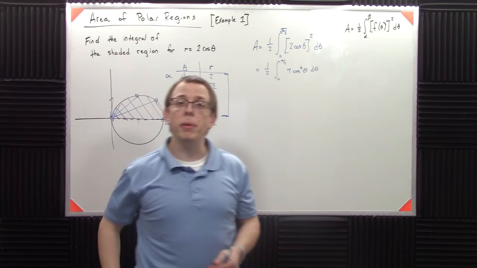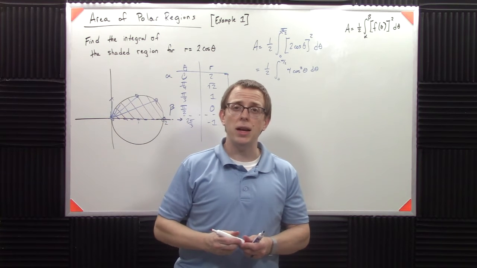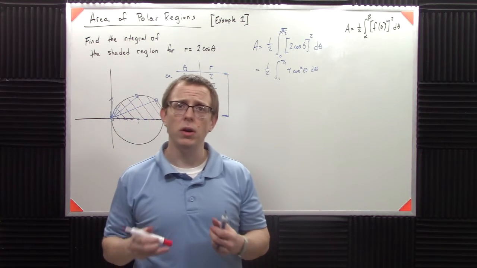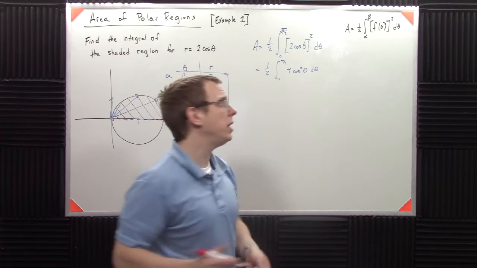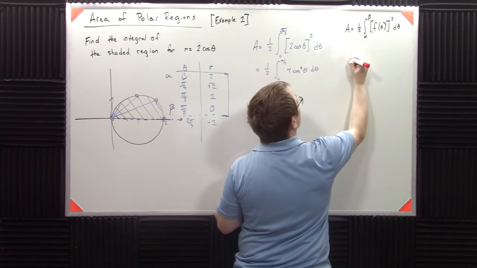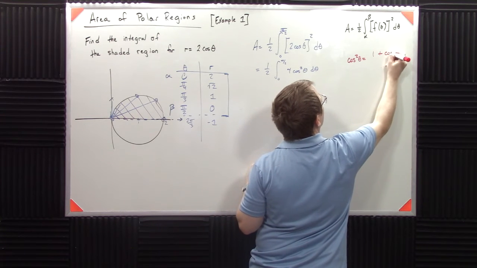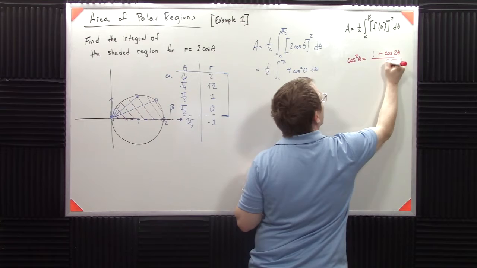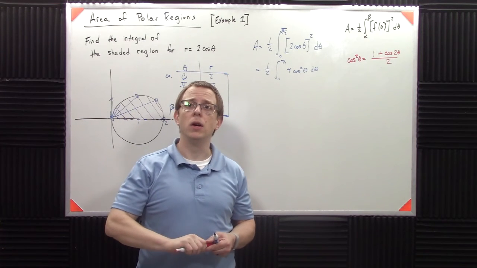What you may remember from some of the previous sections is that when we had to integrate something like cosine squared of theta, we would have to use an angle transform, or one of the identities. Remember that cosine squared theta is (1 plus cosine of 2 theta) over 2.